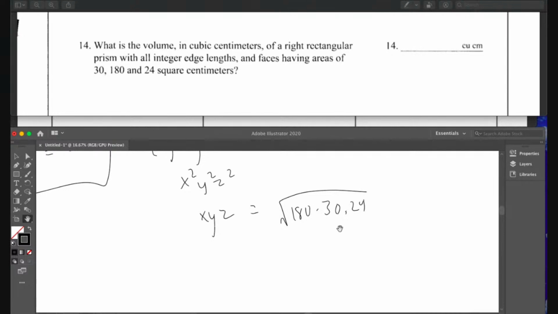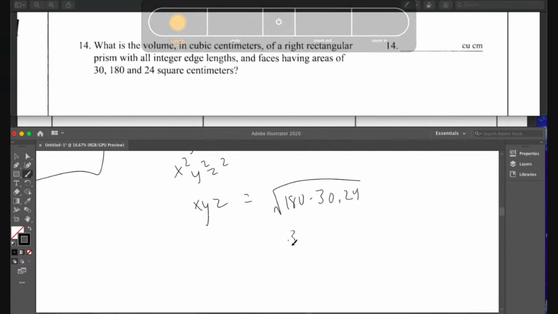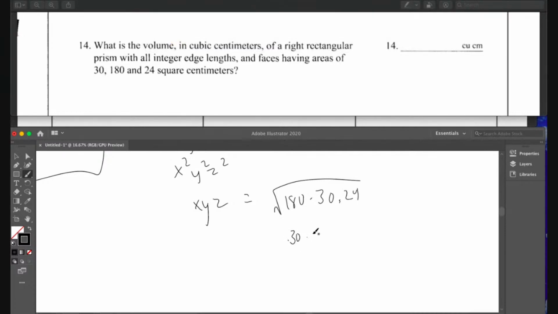Let me just solve this. I'll take the square root and take out any square factors I can find. 180 is 30 times 6, this is times 30, and I can separate 24 into 6 times 4.